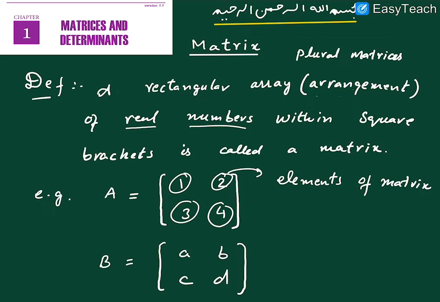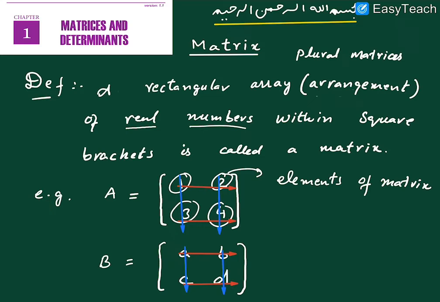So for example, in matrix A we have one row, and this is the second row, 2 rows and 2 columns. Similarly, in B also we have 2 rows and 2 columns.